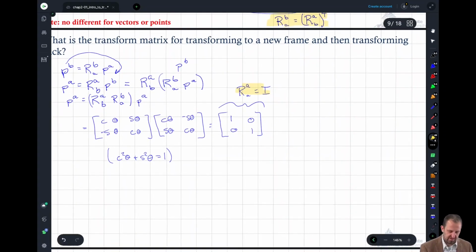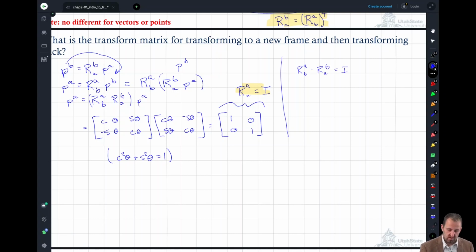Since we have that one times another, there's another slight property we get from this. Since we have that RBA times RAB is equal to the identity, that means that one matrix is the inverse of the other.